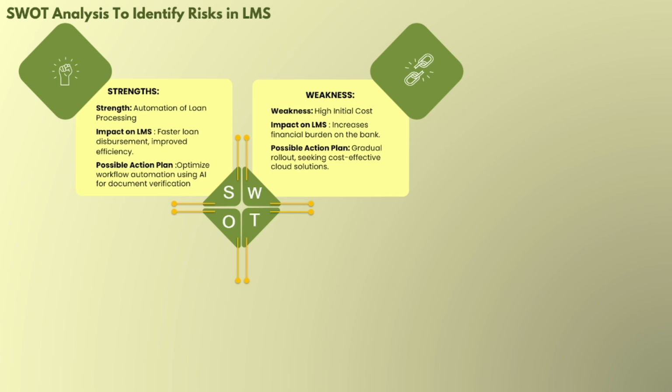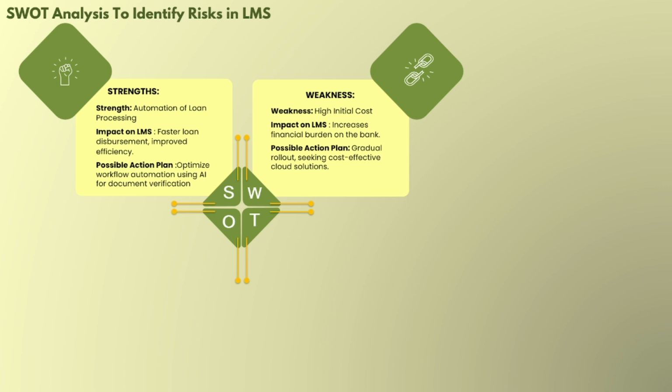Then weakness: high initial cost. This is the weakness of the project. The impact on the loan management system: increased financial burden on the bank, meaning the bank for which we are working may get a financial burden. Then the possible action plan. What is the possible action to overcome this weakness?